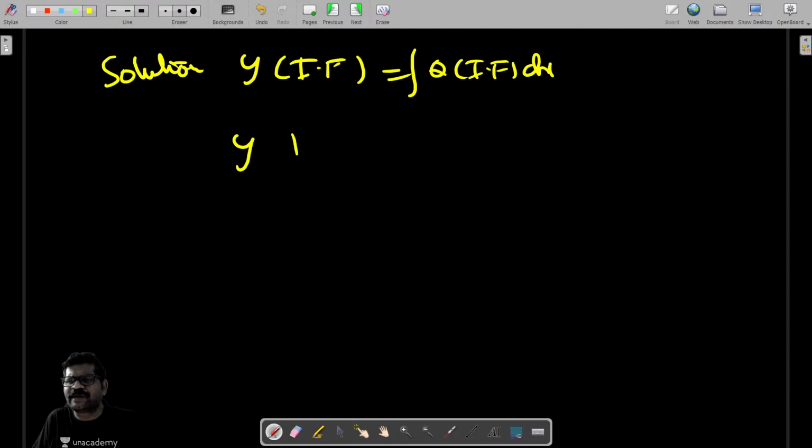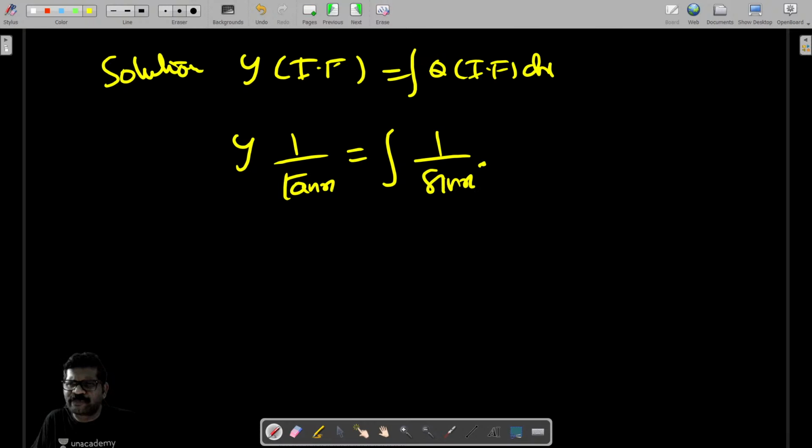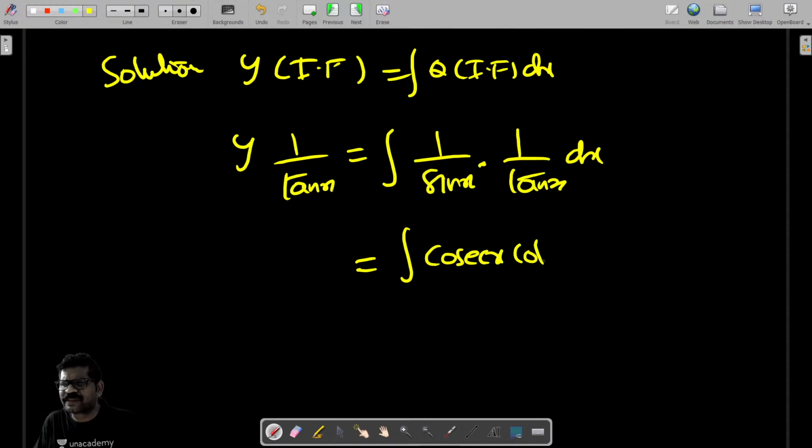y into 1 by tan x equals integral of 1 by sin x into 1 by tan x dx. That is, integral of 1 by sin x into 1 by tan x is cosec x into cot x dx, that is minus cosec x plus c.